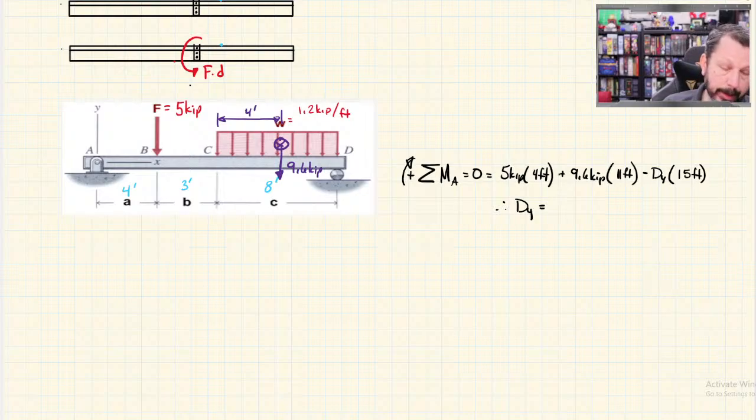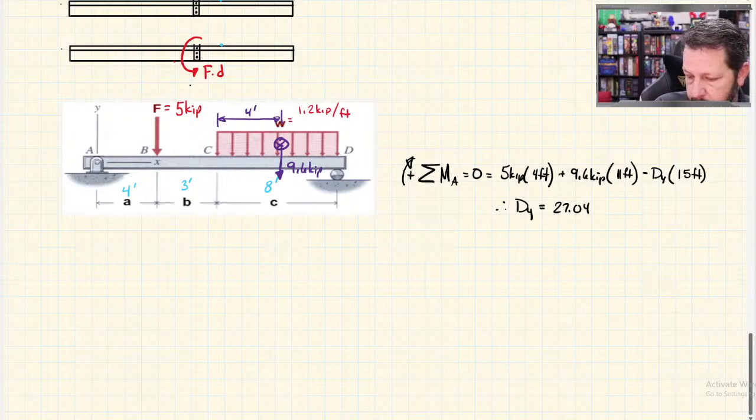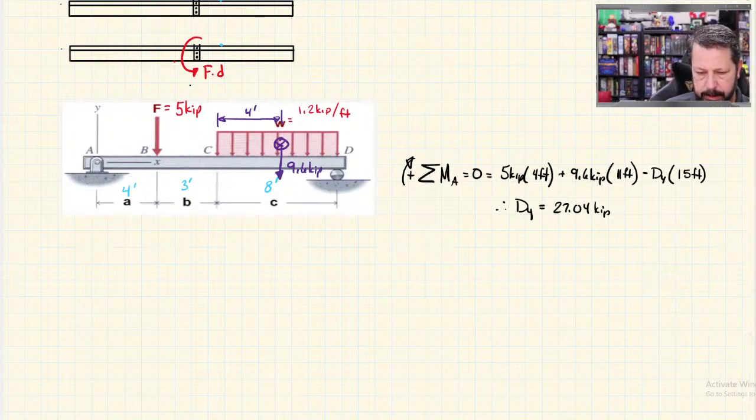27.04. So one thing about these shear and bending diagrams is that if you round a lot, so I calculated 27.04, and that would be kips. Actually, that seems a lot. Maybe I did something wrong. Oh, I did. Let me check and make sure that that's correct.